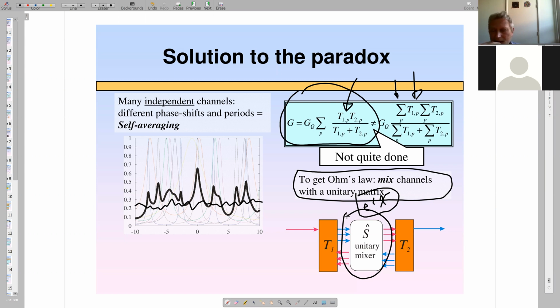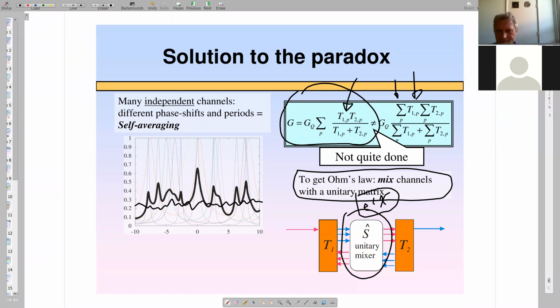Let me recall that it is actually due to transmission resonances which occur in the structure. So Ohm's law, which looks like a triviality for us, is a rather peculiar interference of the waves going through the structure. Fine, we have solved the paradox. We have restored Ohm's law.